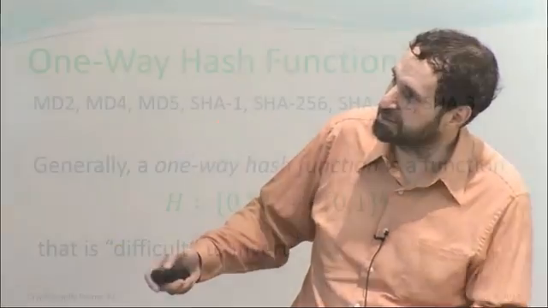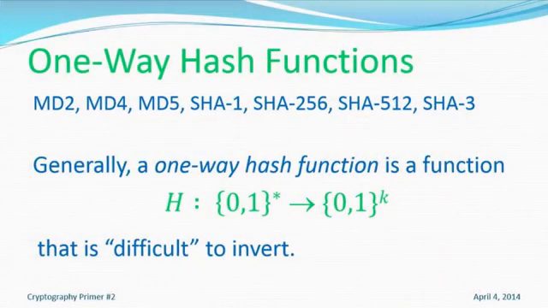Now, MD5, the predecessor, I should go back and just hit the list. Here's a list of hash functions that are out there. MD5 was broken about 10 years ago. MD4 and MD5 were actually broken together. Broken in the sense that collisions were found.